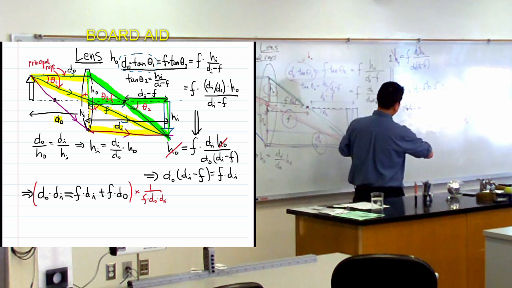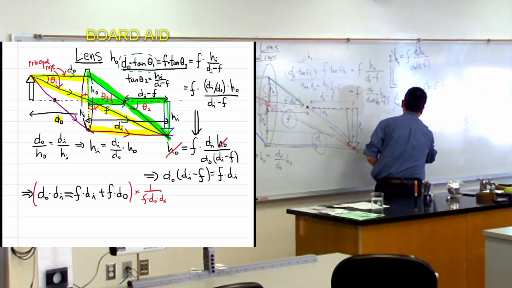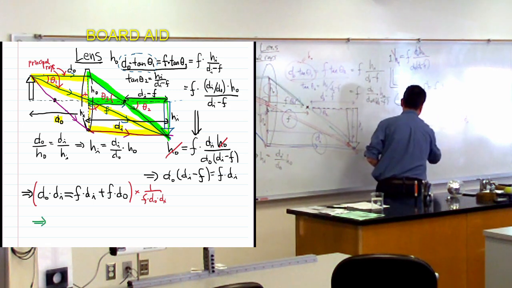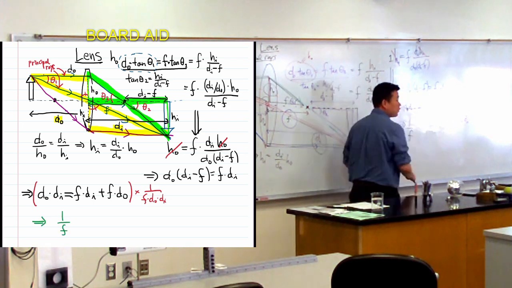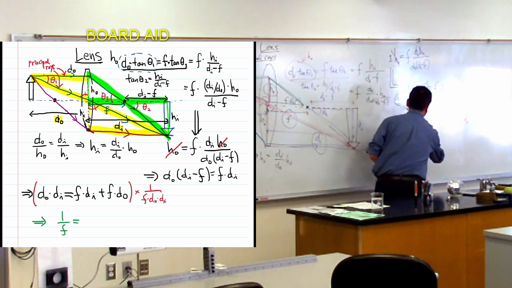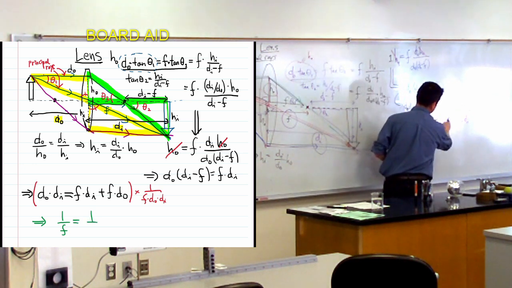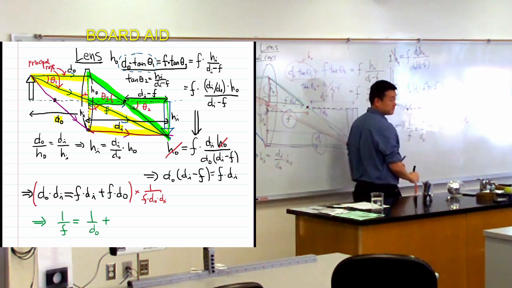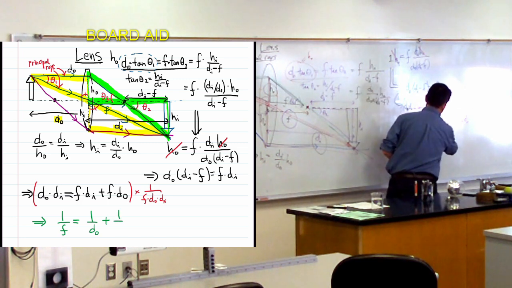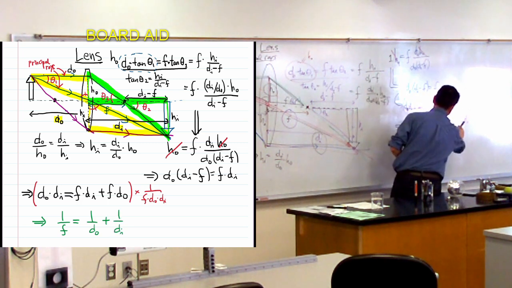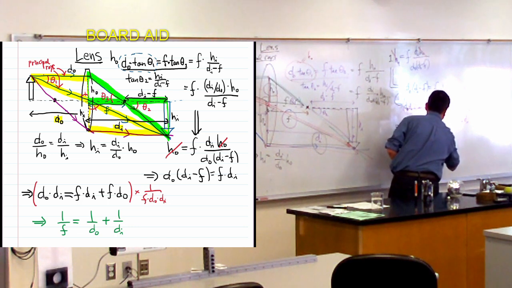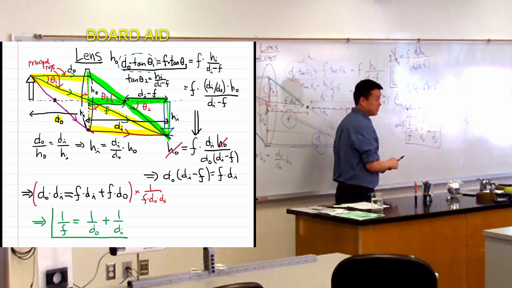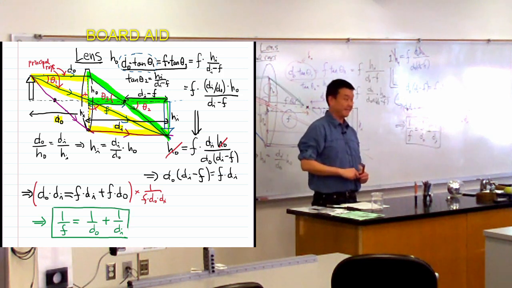And when you do that, you get this whole thing is equal to, this is dO and dI cancel out, and you get 1 over F. 1 over focal length is equal to, focal length and image distance cancel out, so 1 over object distance plus, focal length and object distance cancel out, so 1 over image distance. It's a remarkably simple expression that you are going to use a lot.